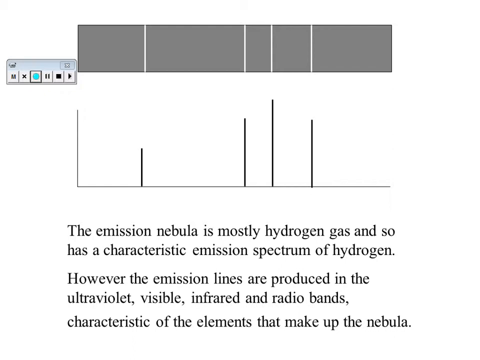Write on your diagram which is the red end, which is the blue end, which is the infrared, which is the radio, and so on. So you need to be able to do that because of the orientation. I've deliberately made these go backwards so you get used to seeing spectrums in both orientations. So this will be the radio end down this end. In an exam, I will tell you which is which.